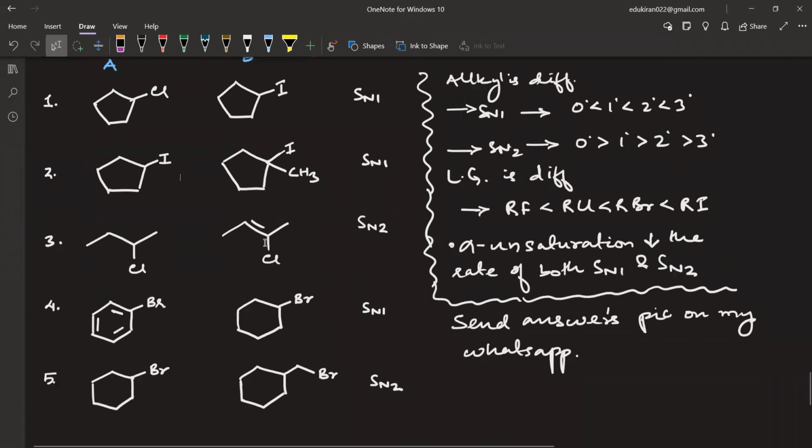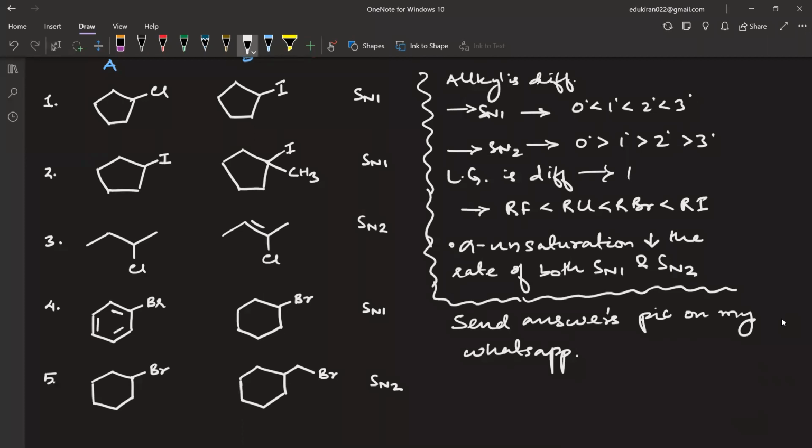Which one, Fahad? Tell me. Turn your mic on, Fahad. The first one. Okay, fine. What is different? Is the alkyl group different or the leaving group is different? Tell me. Is the halogen the leaving group?